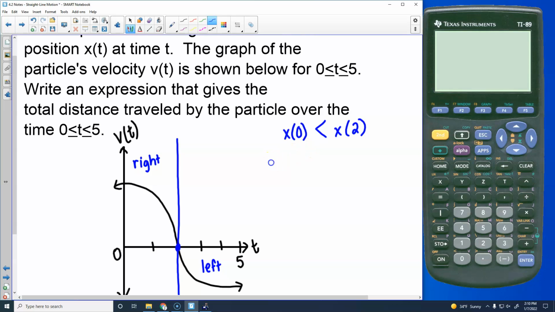If we want to know the distance for 0 is less than or equal to t less than or equal to 2, just from 0 to 2, x of 2 minus x of 0, that's going to give us a positive value because when we're moving to the right, x of 2 has to be bigger, right?